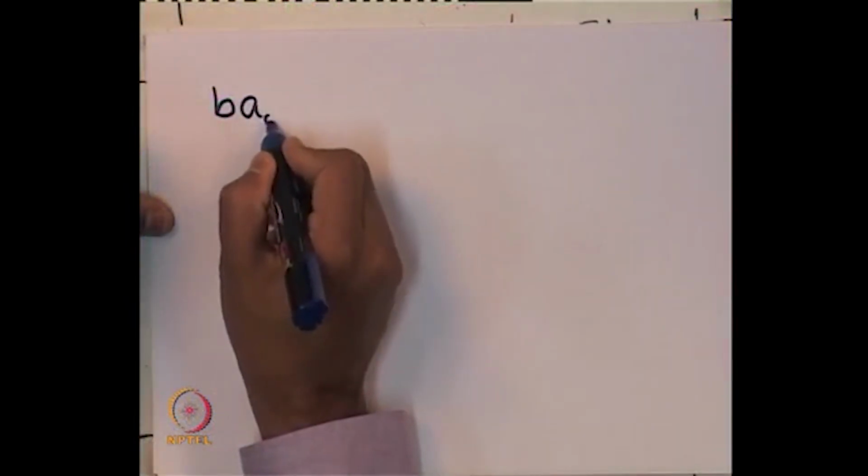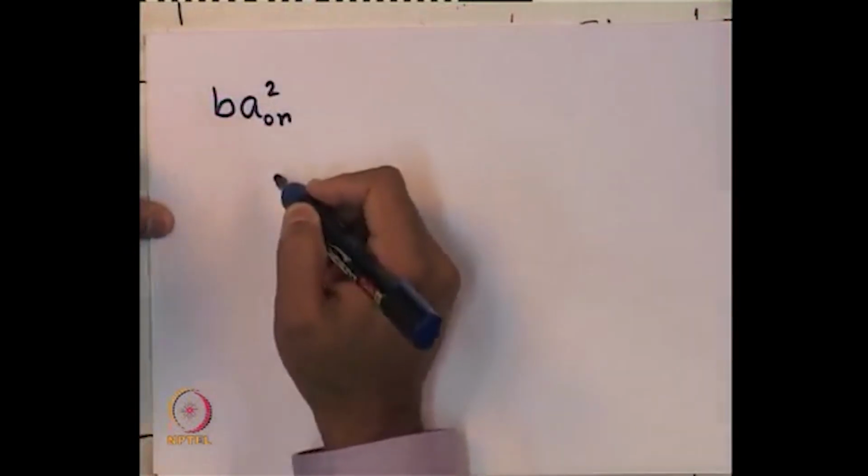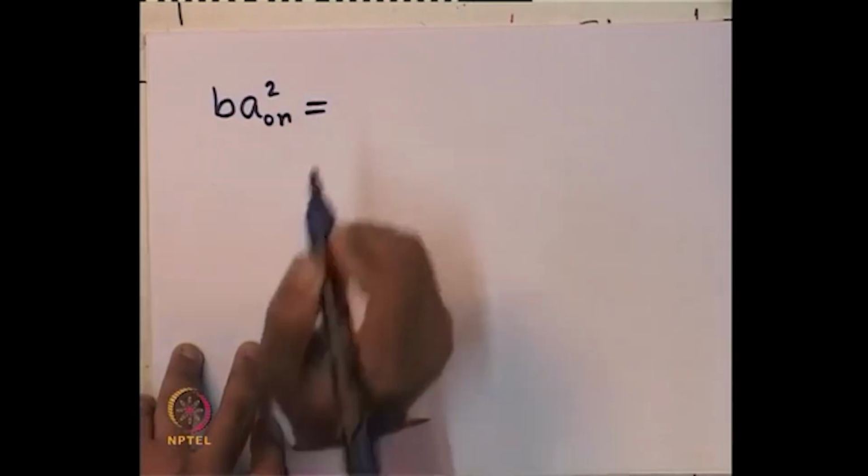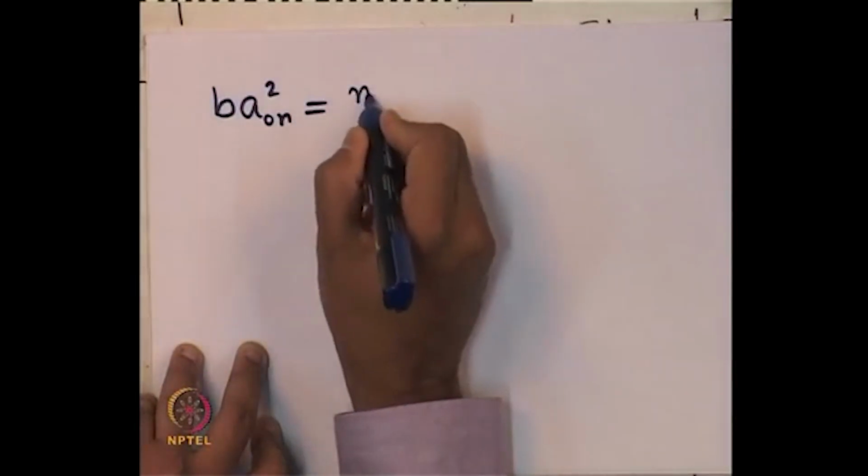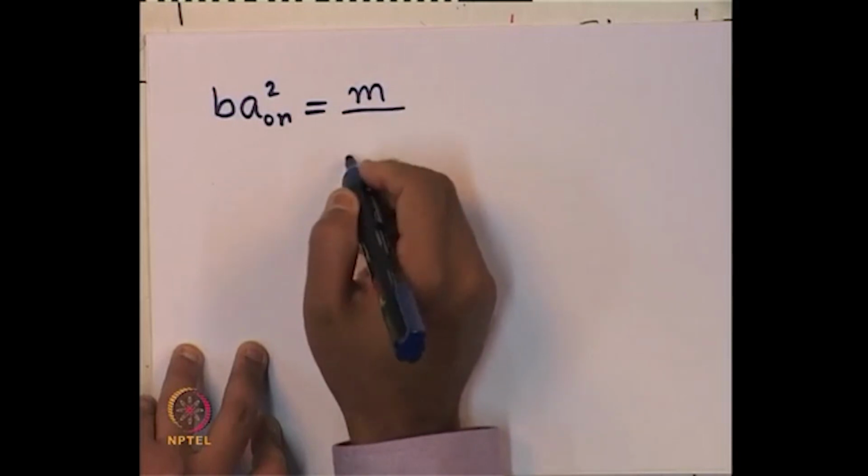Let us put it here. The parameter B A naught n square. So, we need to compute this term. Let us see on simplification what we get from this term.